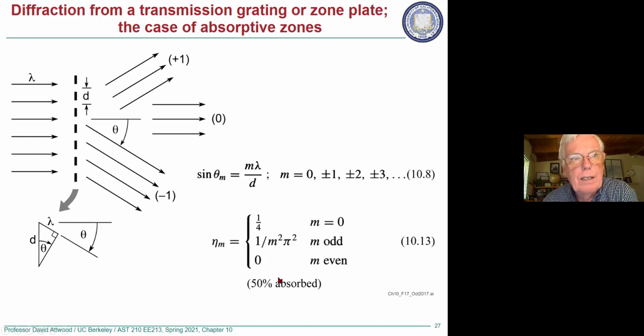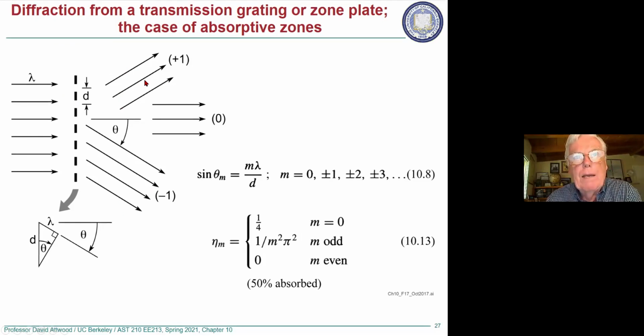That's what it says down here. Of the light that gets through, some goes straight through, and some goes to a plus order, and some goes to a minus order. But there's also a third order, a fifth order in both directions. There's no even order because the openings and the absorptive parts are equally wide. But if that were not the case, you would have +2 and -2, +4, -4, etc.